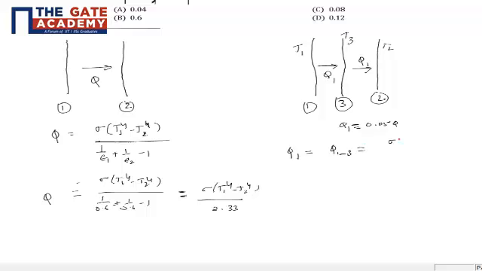So Q1, by the same logic, is sigma (T1 power 4 minus T3 power 4) divided by 1 by epsilon 1, which is 0.6, plus 1 by epsilon, which I need to find out for the plate, minus 1.